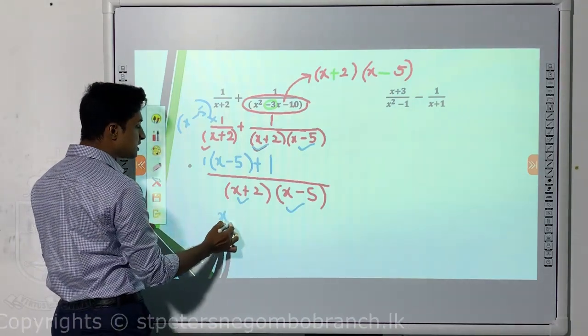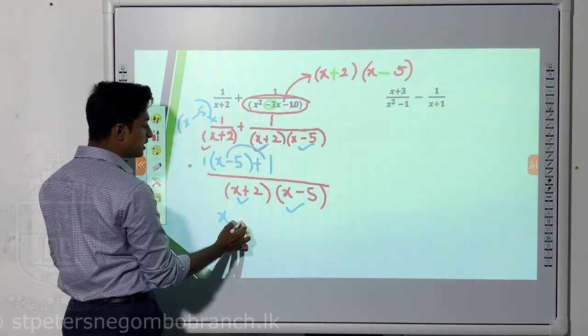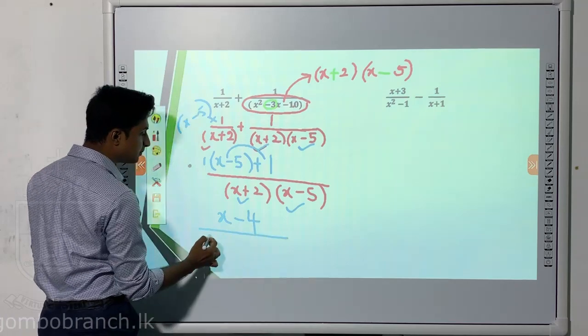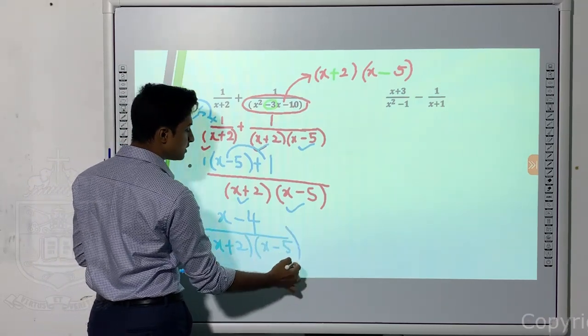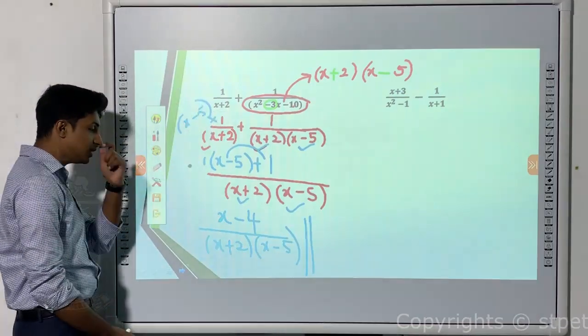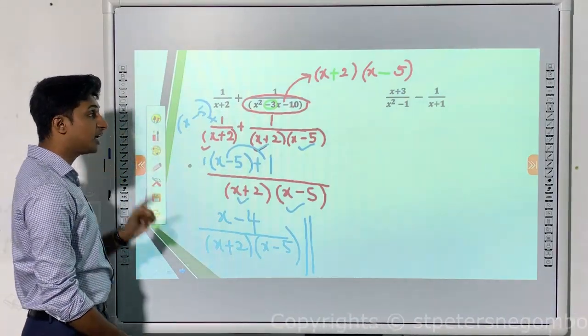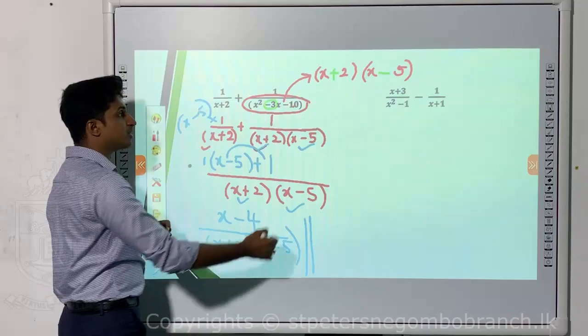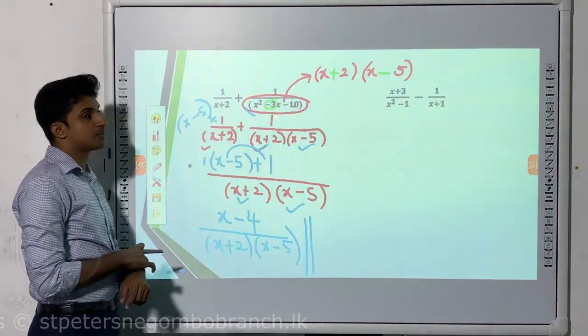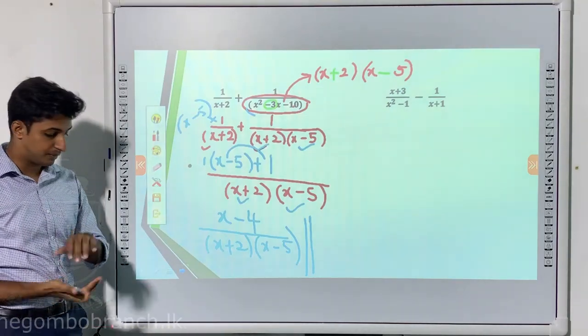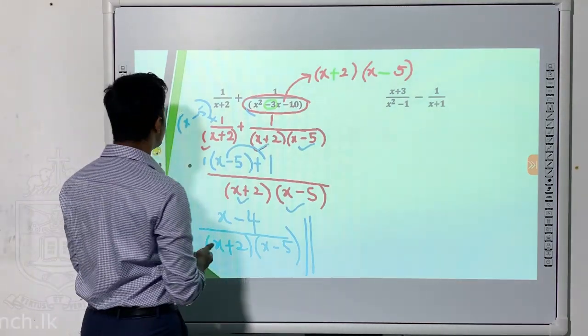Then x minus 5 plus 1 is minus 4 over x plus 2 times x minus 5. That is the final answer. What I wanted to explain was here, you need to factorize quadratic expressions whenever you get one. Okay. Right. We're moving to the next question.